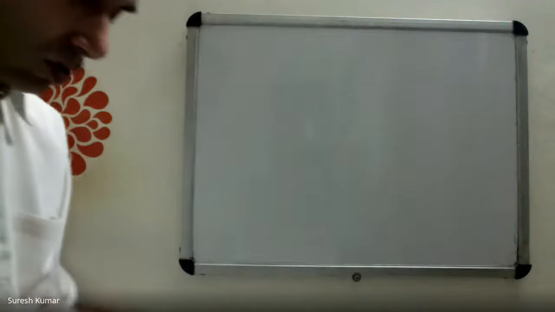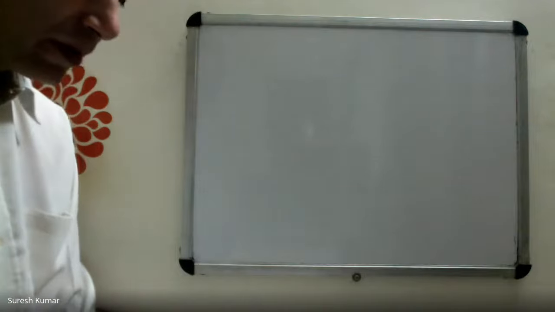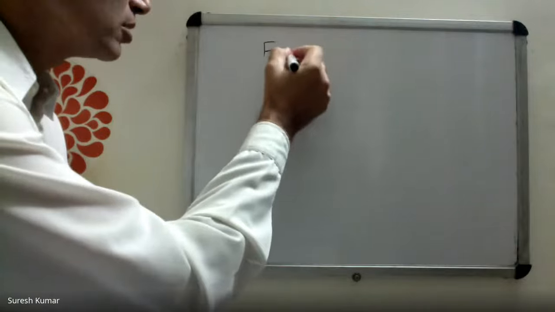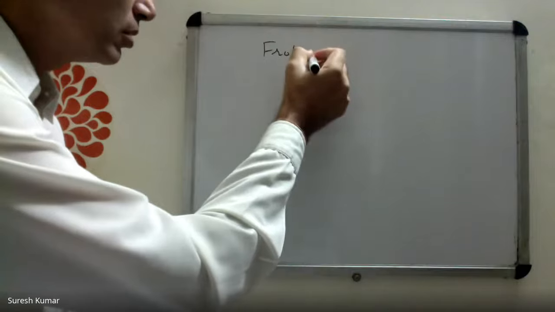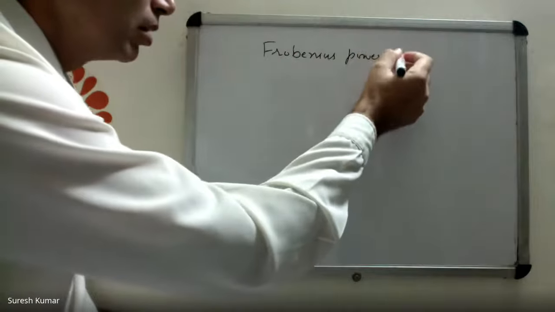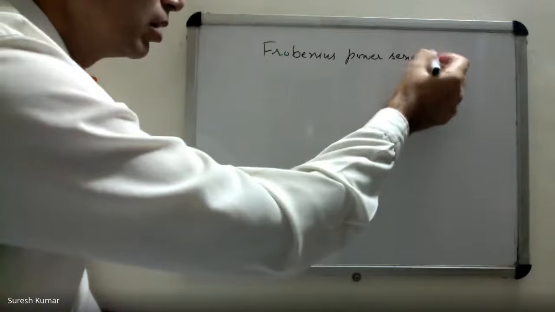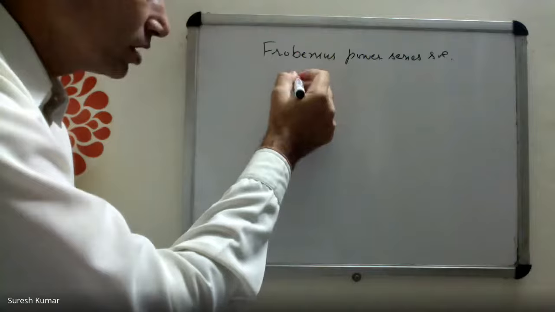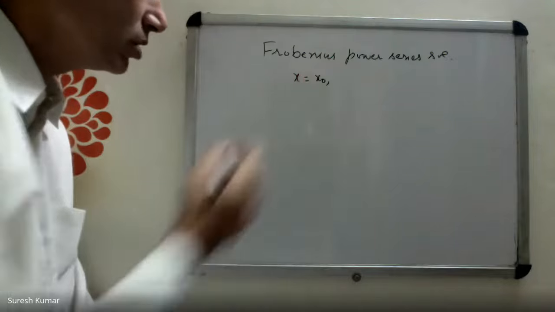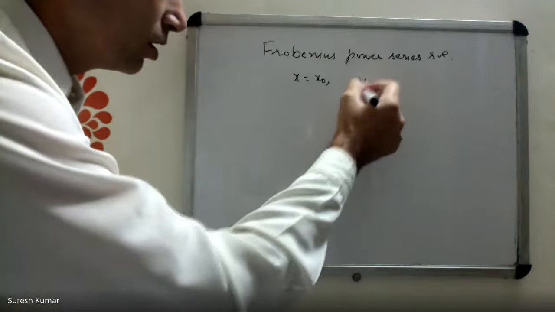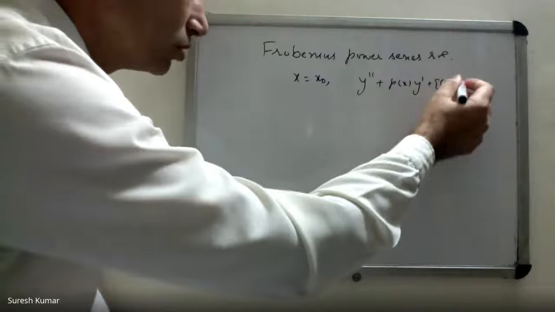Okay. So in the previous lecture we learned Frobenius power series solution. That means a solution about regular singular point. x equal to x0 is regular singular point of the differential equation y double prime plus p(x) y prime plus q(x) y equal to 0.